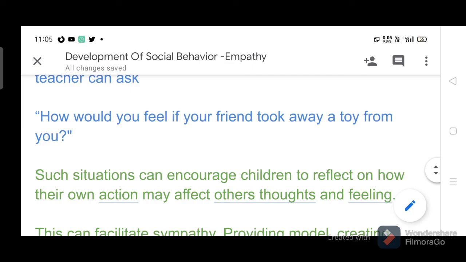In order to develop empathy, you can use real life situations, like when someone is hurt, or when some child takes away a toy from the child. You can ask the child questions like, how would you feel if your friend took away a toy from you?